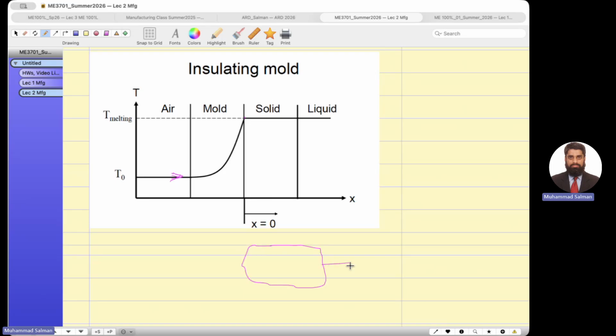You have poured the metal at this location, which is x equals 0. And then you see the inside temperature is changing, where this dot is still liquid. You see my point? And this is to the surface of the mold.